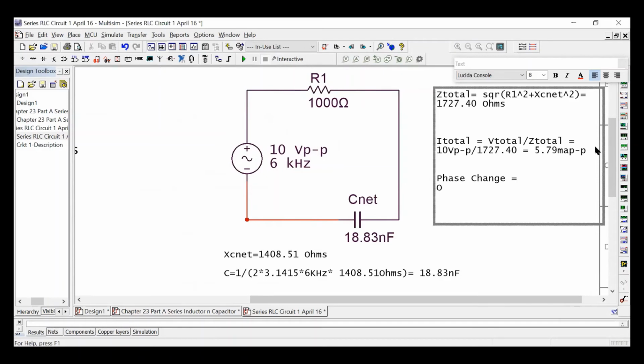We'll use theta is equal to inverse tangent of X of C net divided into R1.